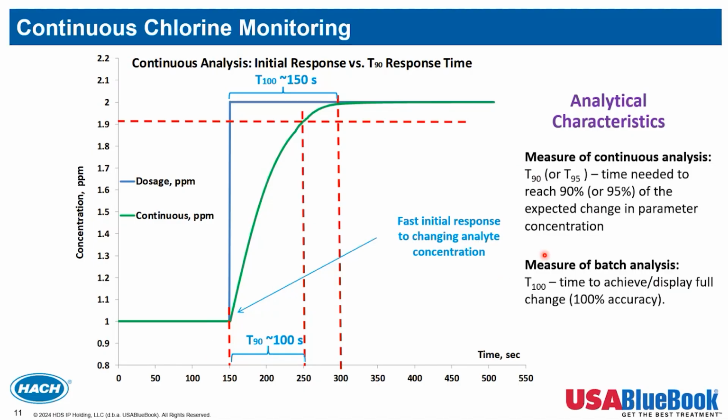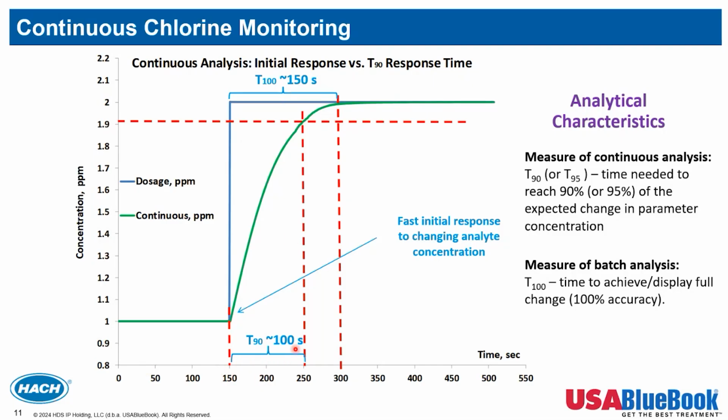However, to quantify the change, normally two parameters are used, T90 or T95. It is the time needed to reach either 90% of the response or 95% of the response accurately. So this time for all major technologies usually is about 100 seconds.